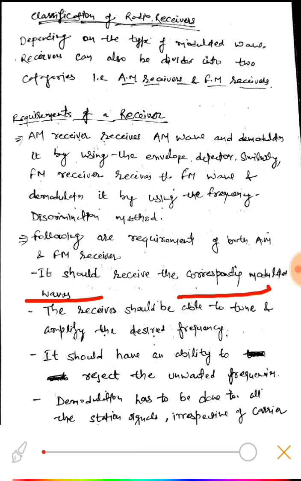And if it is for FM receiving, then it should receive the corresponding frequency modulated wave. The receiver should be able to tune and amplify the desired frequency. Means we must be able to tune our receiving circuit to the desired frequency.